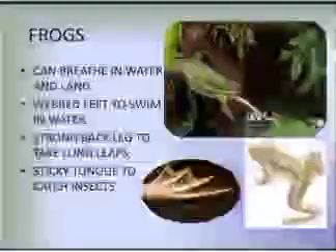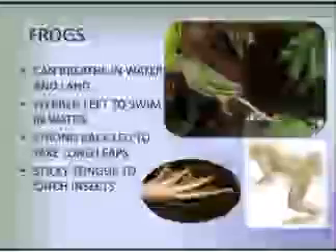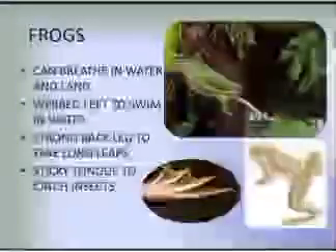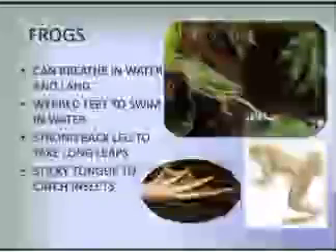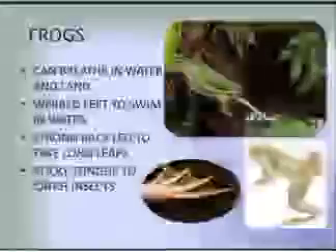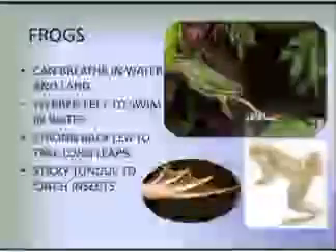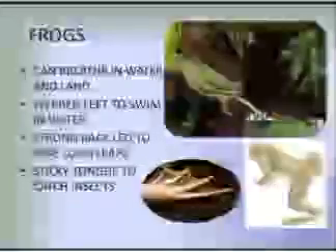Now when we talk about the animals living in these ponds and lakes, first of all, fish live in ponds and lakes as well. We have already talked about their adaptation features like gills, fins, tails, and the streamlined body. Other examples of animals living in these habitats are frogs and crocodiles.